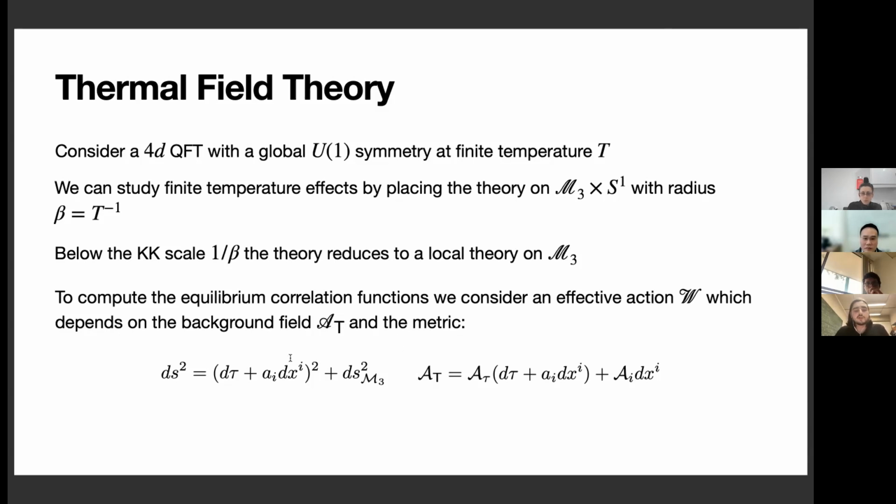In particular, the metric that we're going to choose for the thermal background has a non-trivial Kaluza-Klein photon. So we should not think about this metric as a direct product, but as a fibered metric. And this will be important in many applications that I'm going to discuss today.